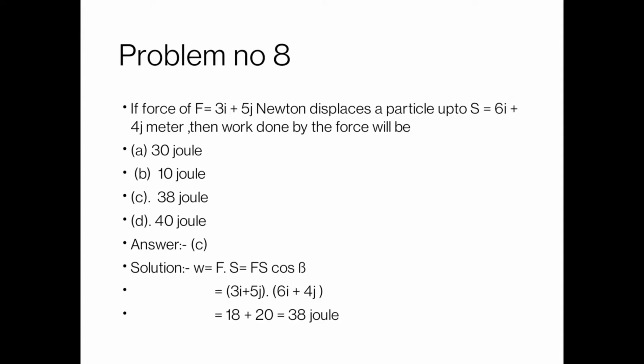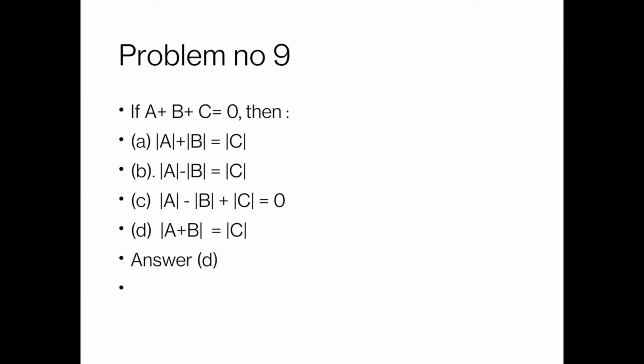As we know, work done W is equal to F dot S, which is Fs cos theta. So 3i plus 5j dot 6i plus 4j, and we have to multiply the x components and the y components with each other. 3 into 6 gives us 18, and 5 into 4 gives us 20, which is 38 joules. So the correct answer is 38 joules, which is option number 3, C.